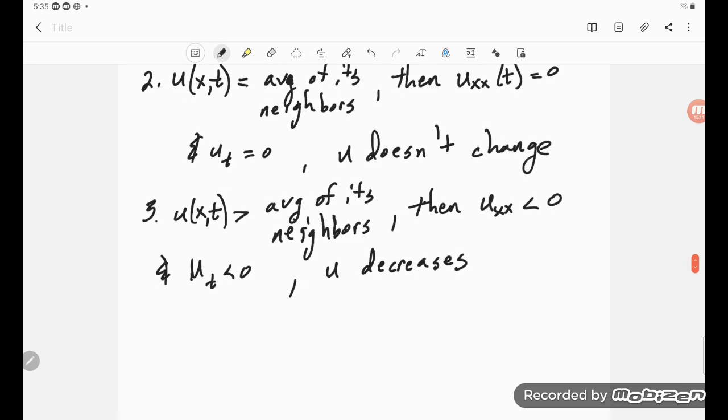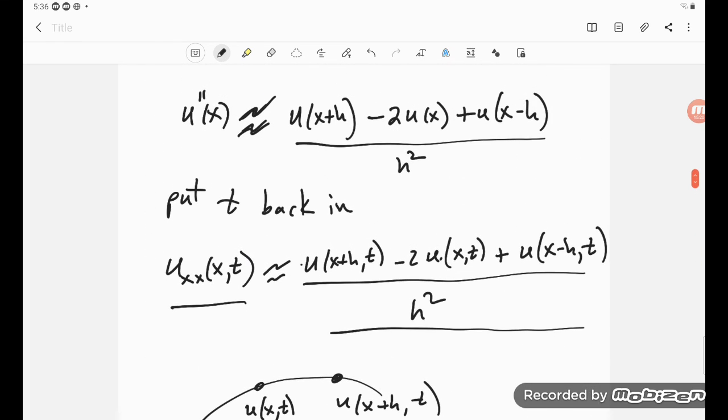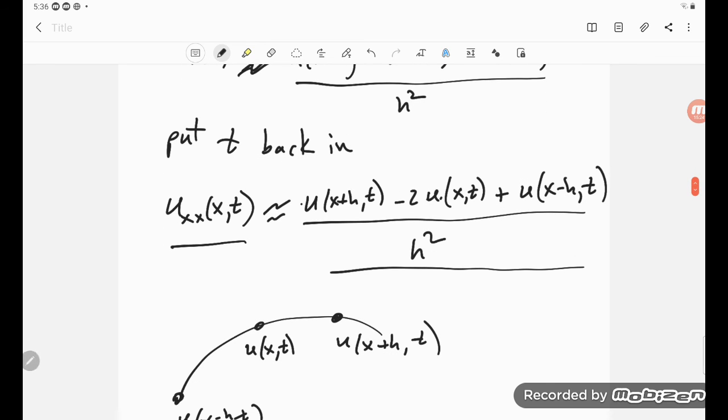Okay. And so that's a little bit fuller interpretation, plus using, back here, the Taylor series for numerical methods.